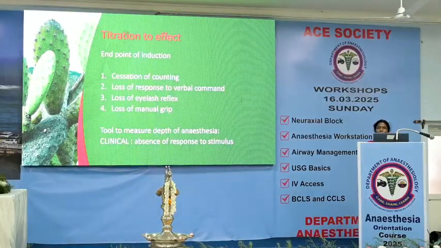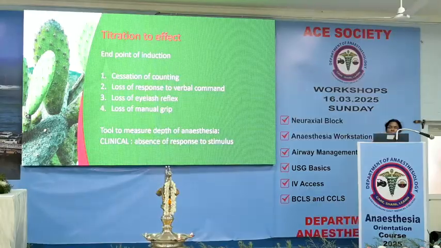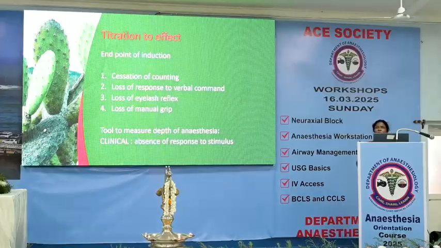Titration to effect. As I have said earlier, for inhalation induction, how will you know that the patient has been induced sufficiently to proceed with the next step? There are a lot of methods for each agent. Commonly, we ask the patient to count.